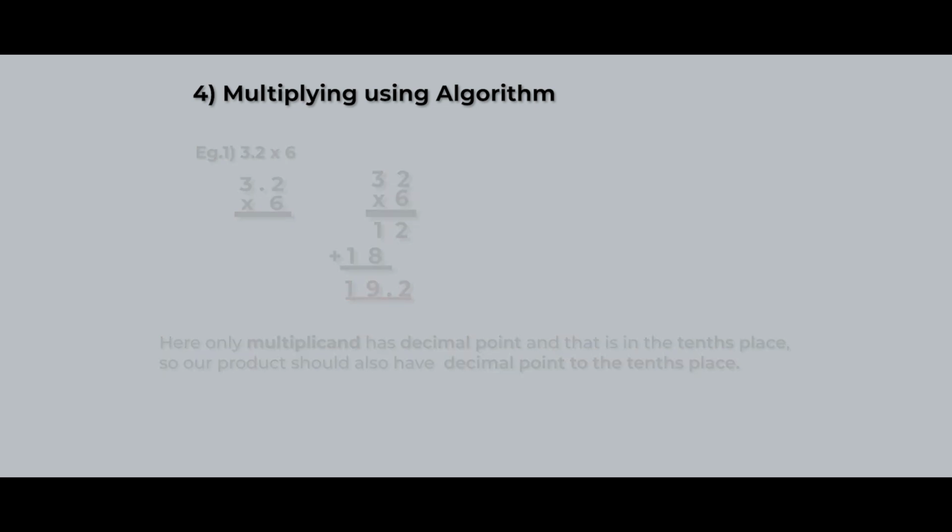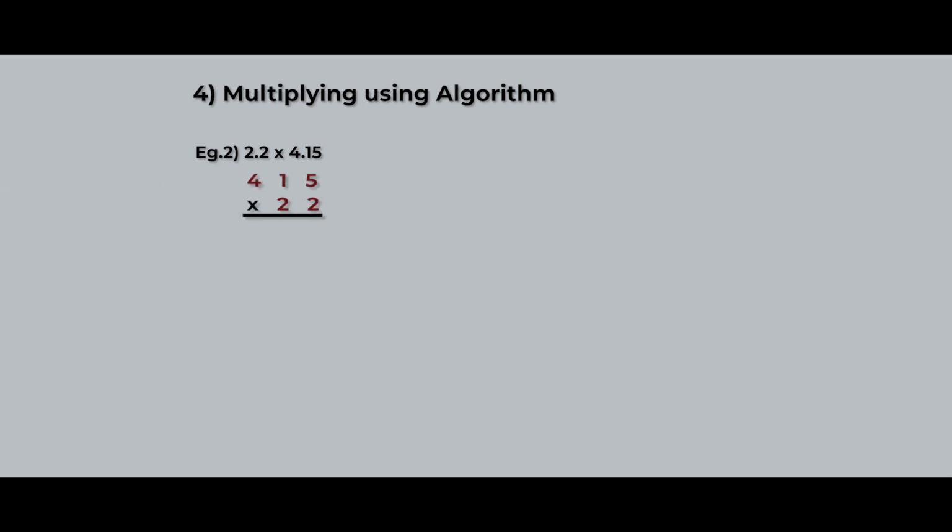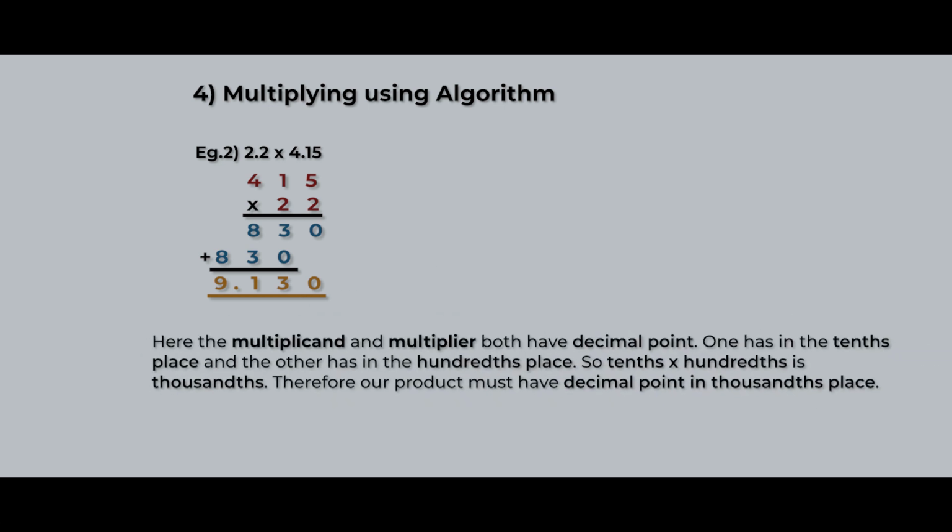Let's take another example. 2.2 multiplied by 4.15. So, arrange in this manner. 415 multiplied by 22. So, when you multiply, you get 9130. Here, the multiplicand and multiplier both have a decimal point.